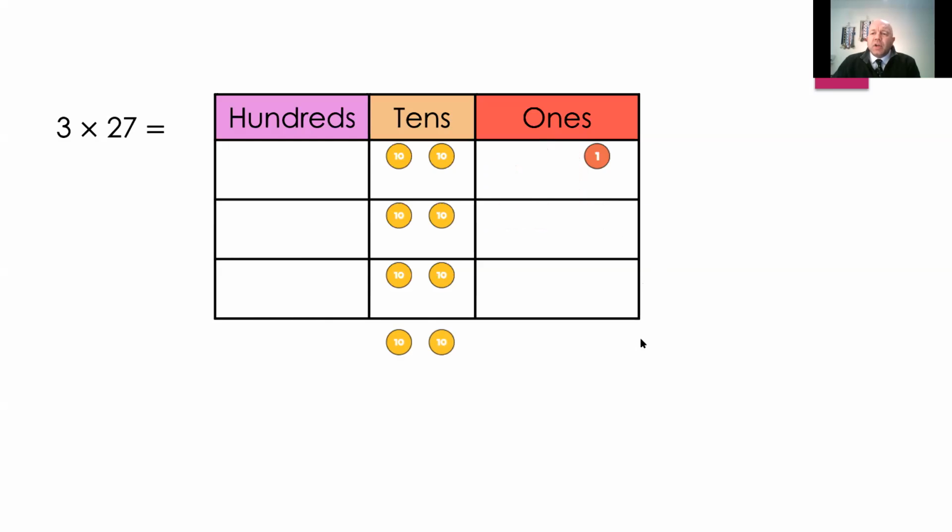Okay, that just makes everything a lot tidier, a lot easier to count. So all together, we've got 1, 2, 3, 4, 5, 6, 7, 8 10s and 1 1. So all together, we've got 81. Okay, so that demonstrates how we can use that repeat addition, 27 plus 27 plus 27.